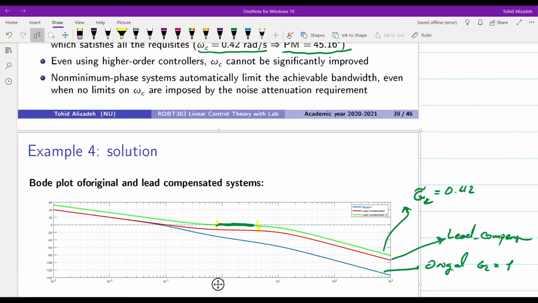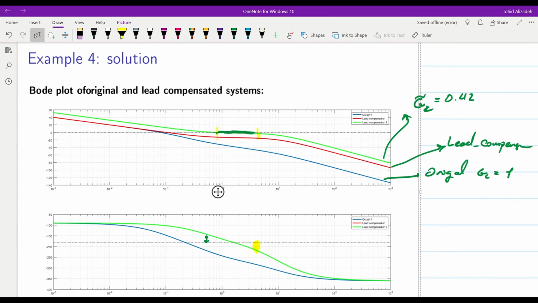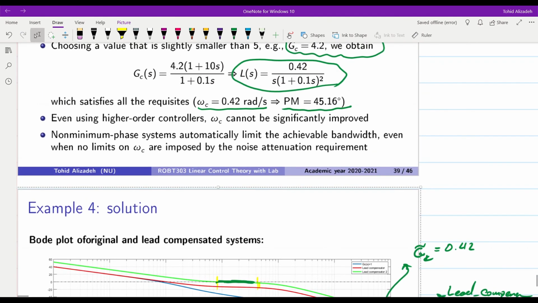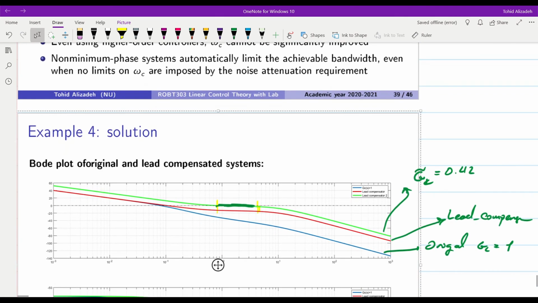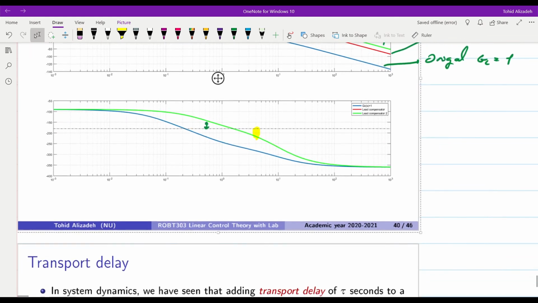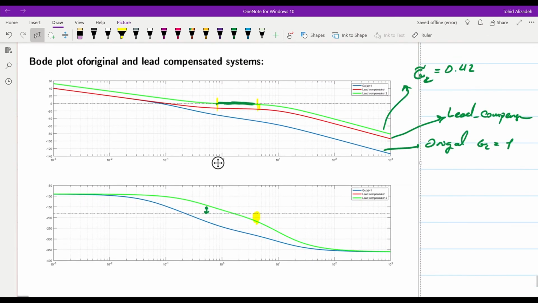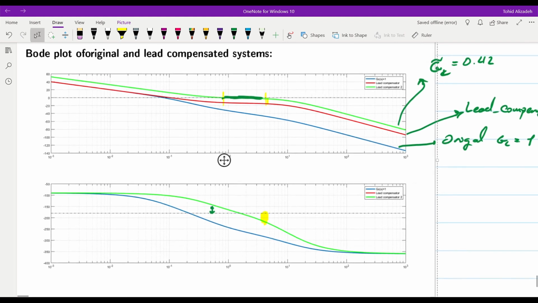We can have a double lead compensator in order to inject positive phase here and also increase the crossover frequency, but we will not be able to do much. The maximum crossover frequency that we might get will be limited. So that's why designing controllers for non-minimum phase systems is more challenging compared to minimum phase systems.